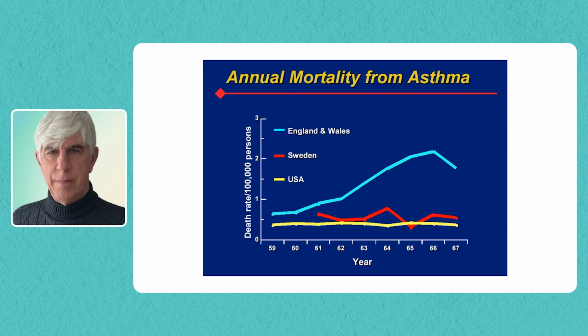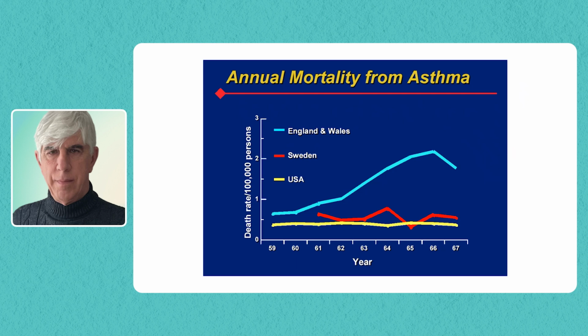Another issue is the time trend. This is, for instance, the mortality for asthma, which was very stable in countries like Sweden and the USA, but these are the ages in the 60s, when in the UK, in London, they used wood and coke for burning.